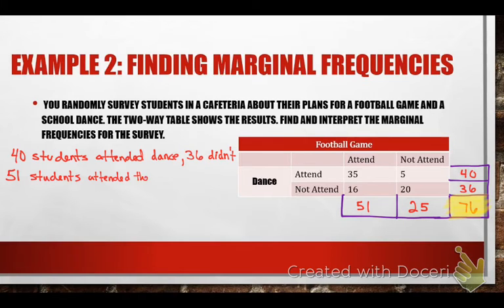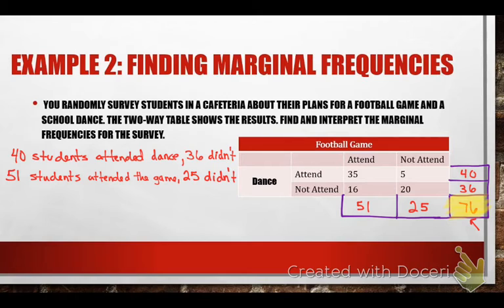How many did not? 25 didn't. So we're literally saying what these numbers mean. Because that was the football game, we're saying 51 attended, 25 did not.